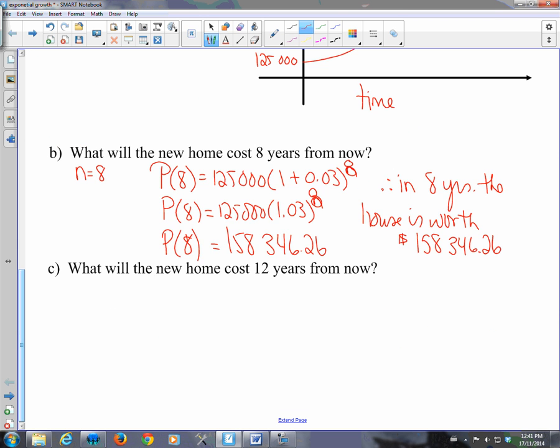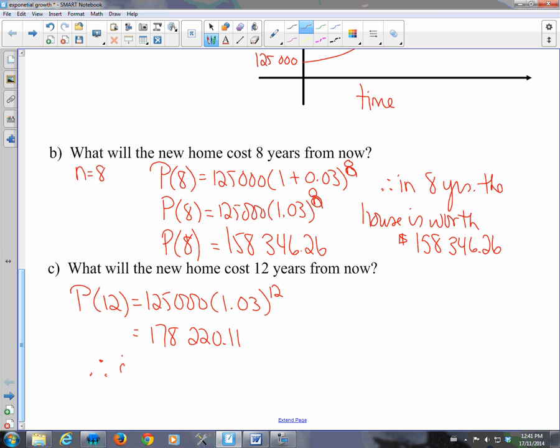What will it cost 12 years from now? Well, we'll put in our 12. 125,000 times 1.03 exponent 12. 1 plus 0.03 is 1.03. And we get our calculator going again, 125,000 times 1.03 to the exponent 12 equals $178,220.11.